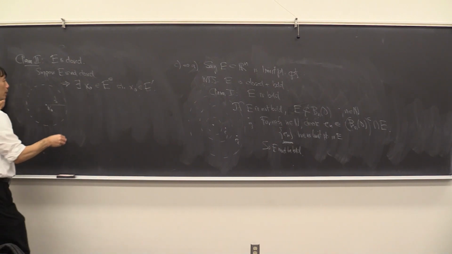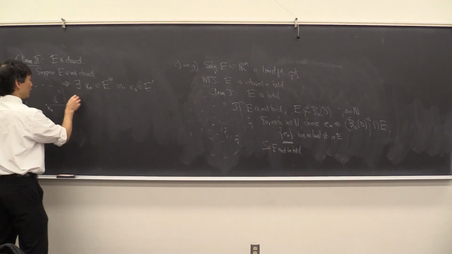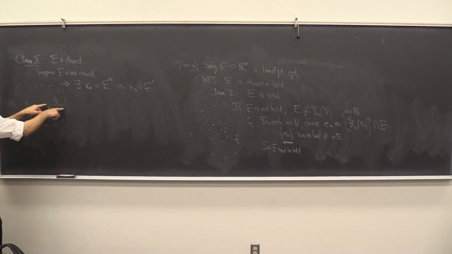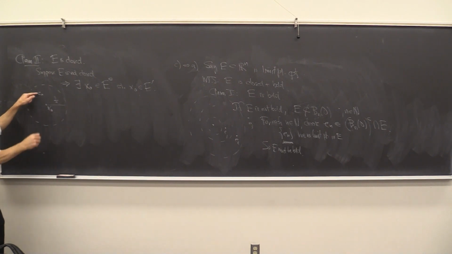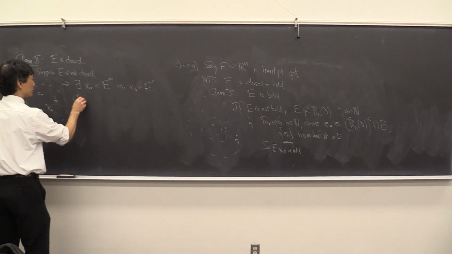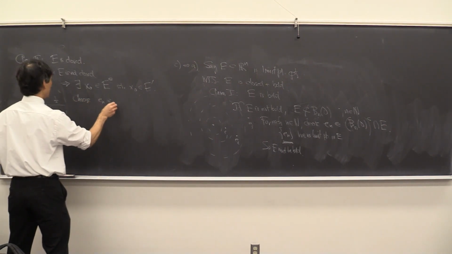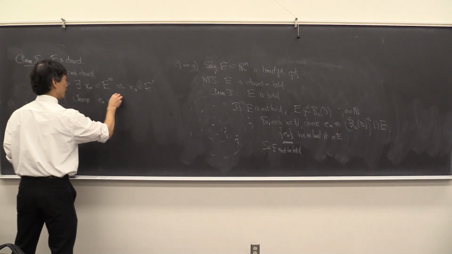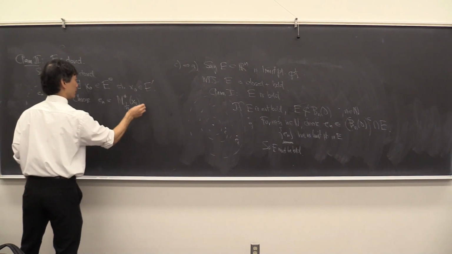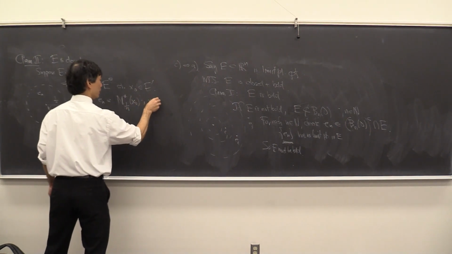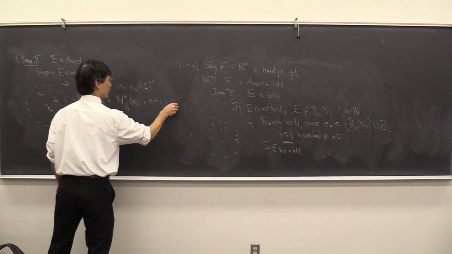Okay, so we know, since it's a limit point, that there's somebody in here. In each radius of radius 1 over n, there's some point of E, which we'll call E sub n. Okay, so choose E sub n that lie in the punctured neighborhood of radius 1 over n around x naught, for n going from 1 to infinity.